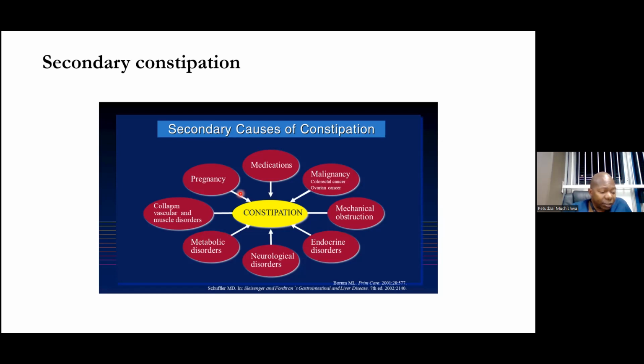Neuropathies: patients with Parkinson's disease, spinal cord tumors, strokes, multiple sclerosis, do present also with constipation. Clinical history and physical examination give most of these key diagnoses away. Other conditions that we also have to look at, which I alluded to earlier, would be depression.